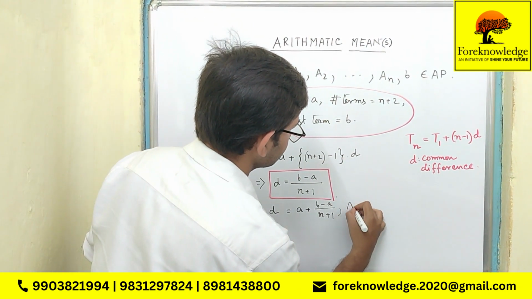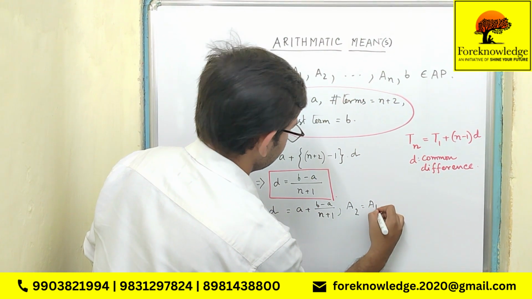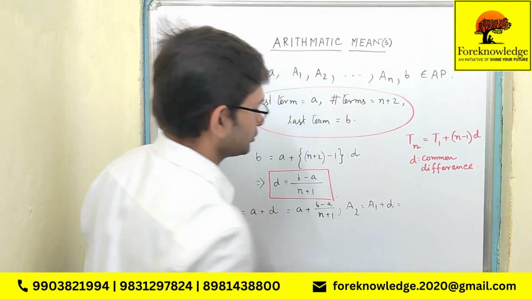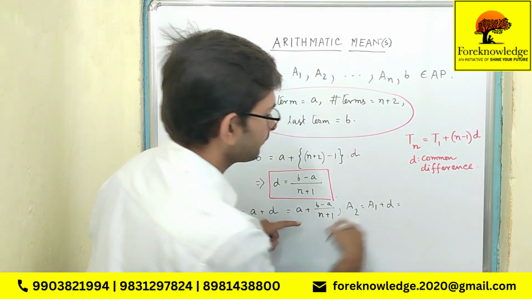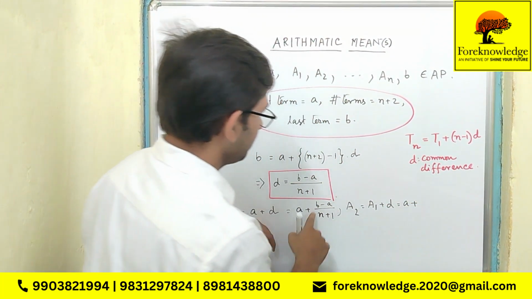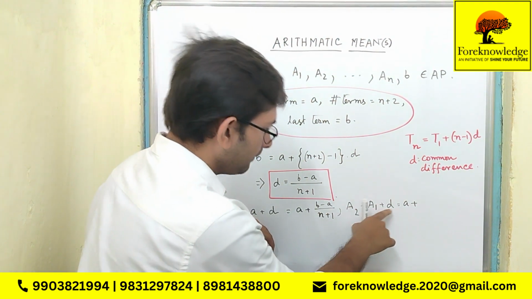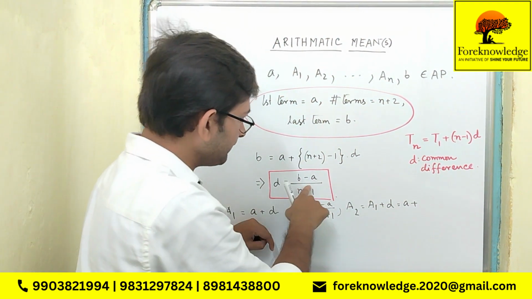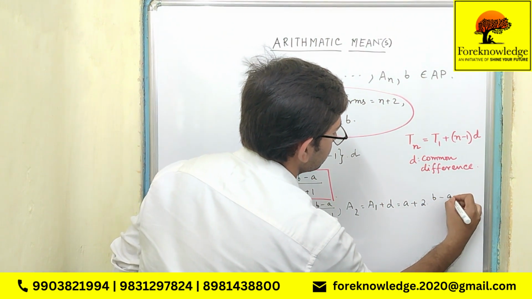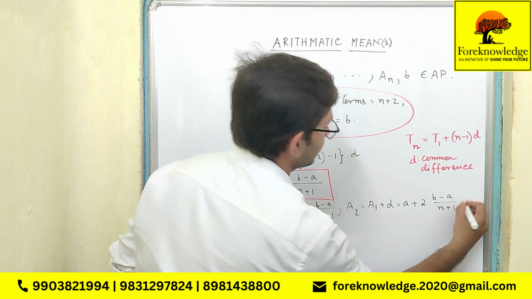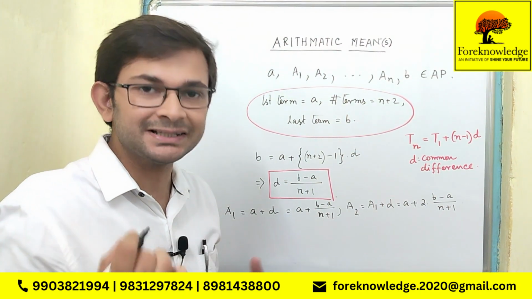So A2 is A1 plus D. A1 is already A plus this quantity, so A plus B minus A by n plus 1 plus again D, D meaning B minus A by n plus 1. So A2 is A plus 2 times B minus A by n plus 1. What is A3?